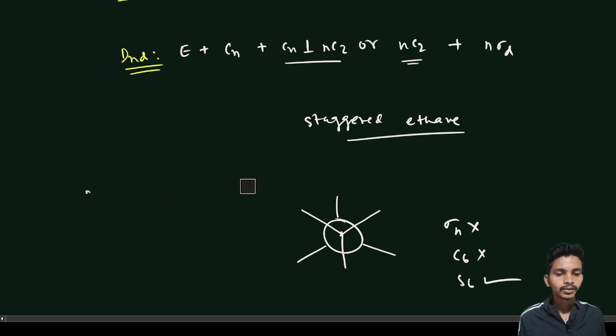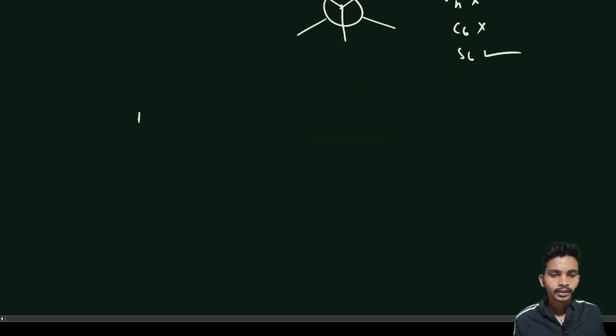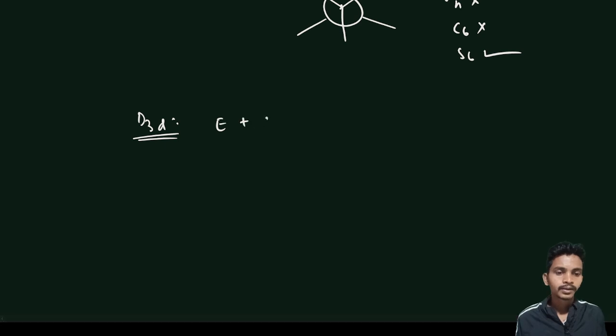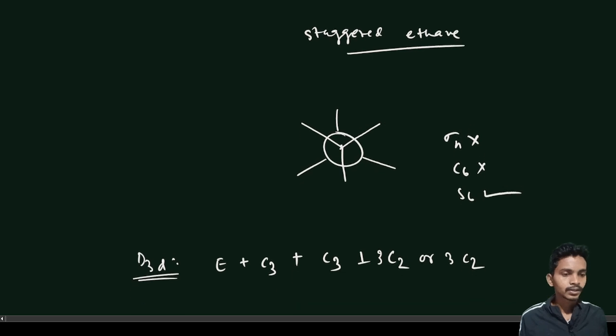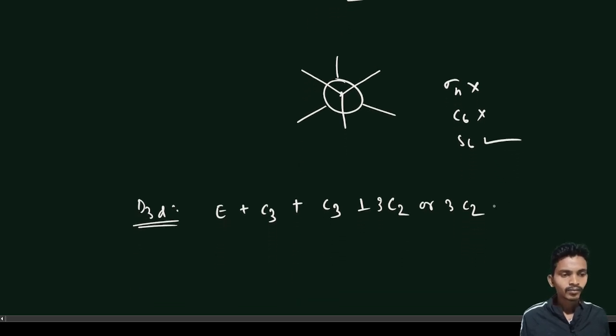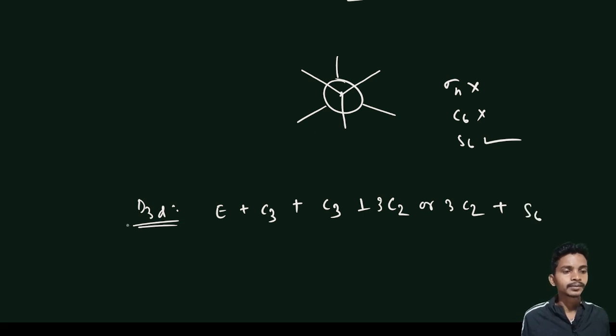I will write it below. D3d means E is present, C3 is present, and perpendicular to C3, 3C2 is present. After that, S6 is present.